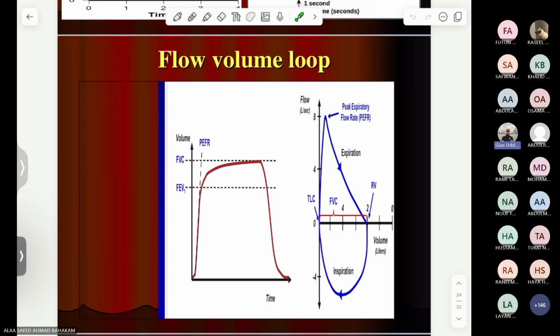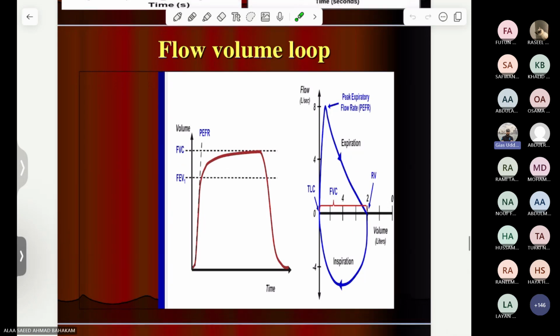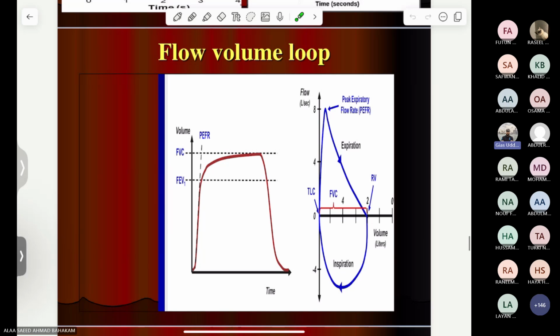This is the loop. When you do the spirometry, you will see this loop. So on the left hand side, as you see, FEV1 and FVC. On the right hand side, there are two things. This is called the flow volume loop.